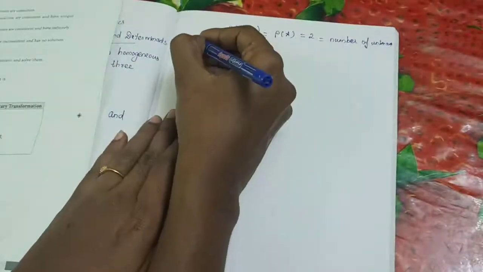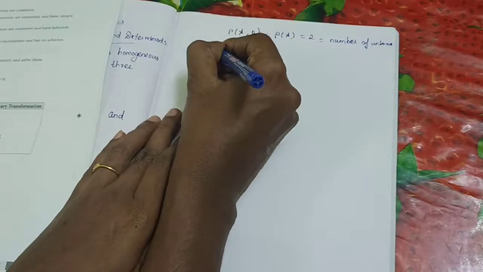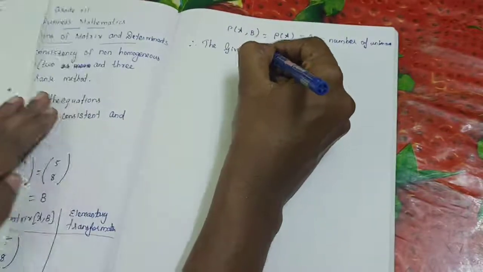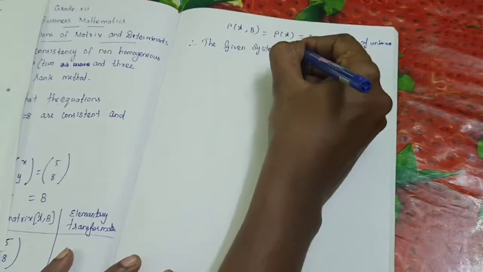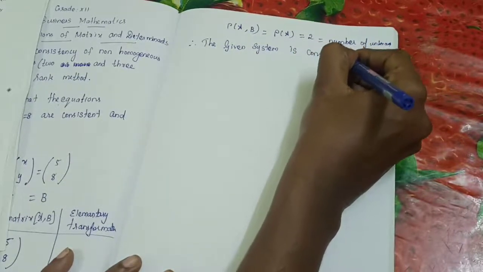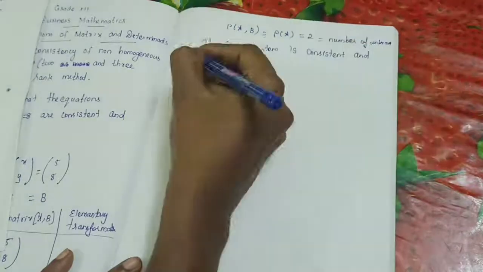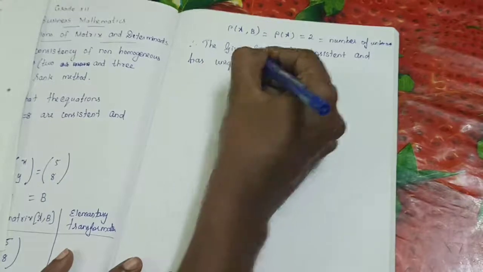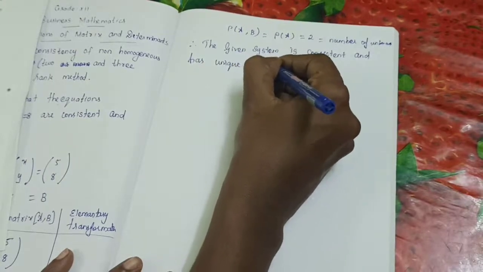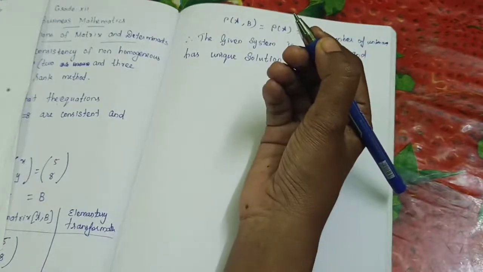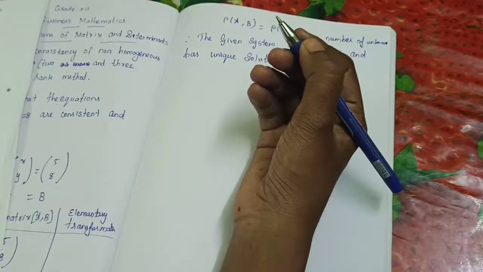Therefore, the given system is consistent and has a unique solution. So you will get one value for X and one value for Y.